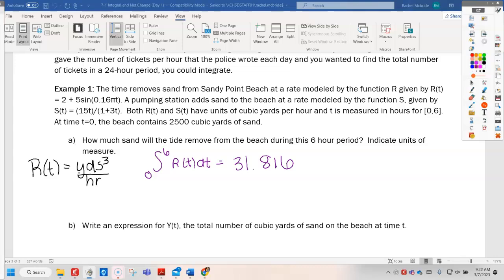Got it. That would be cubic yards. It said to indicate units of measure.